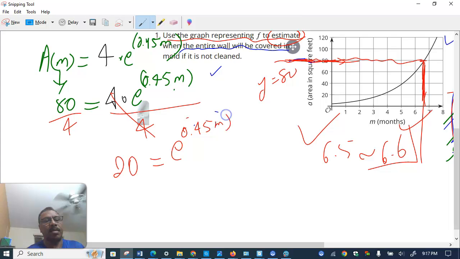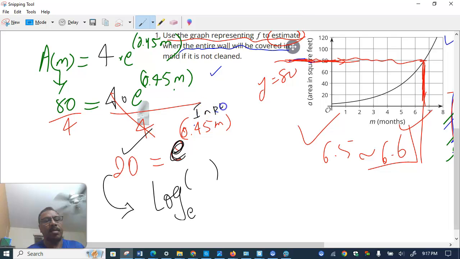0.45 m. And let's change this from exponential form to logarithmic form. So when I use a logarithm, this is the base which goes right here, this is the output, this is the input. So we just have to interchange input and output. So that becomes log of 20, which is equal to 0.45 m.